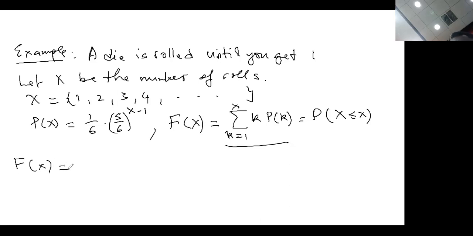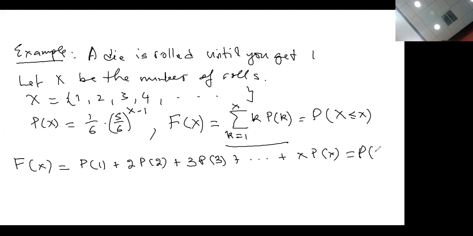You are adding from 1 to X, so we can write it again, that F of X is equal to P of 1 plus 2 P of 2 plus 3 P of 3 plus, let's say, X P of X. The probability that k is less than or equal to x. I will write it here again.